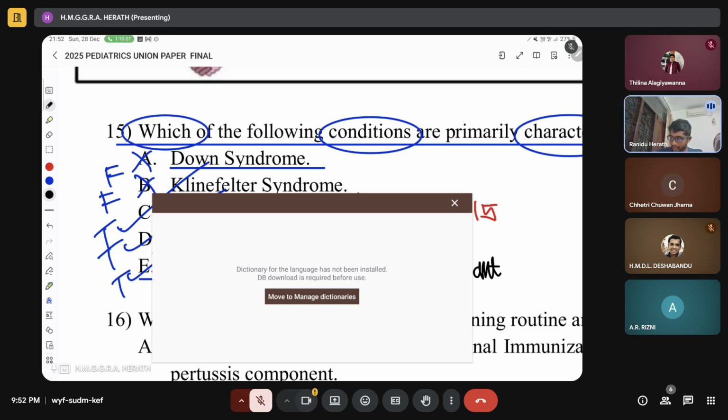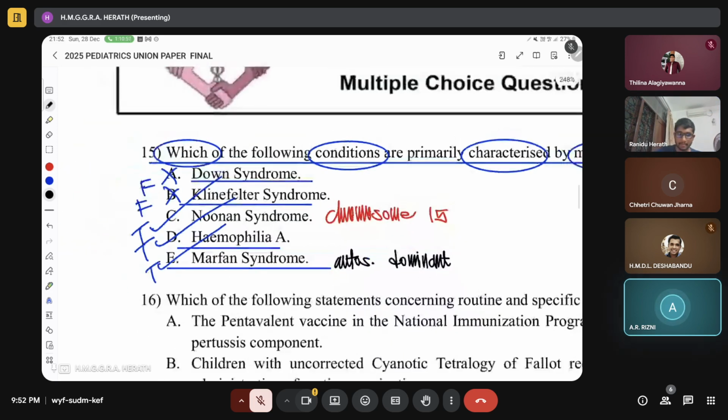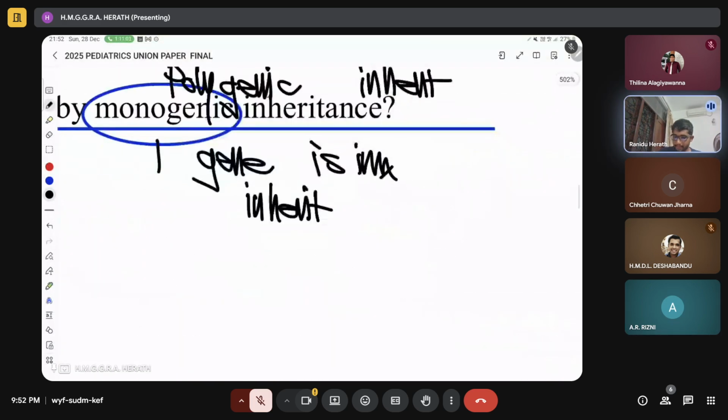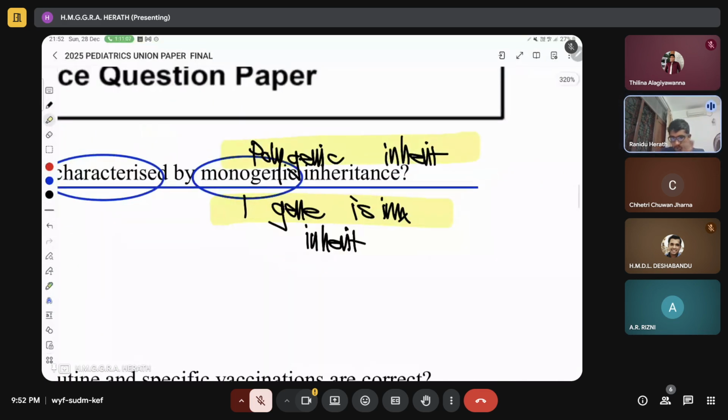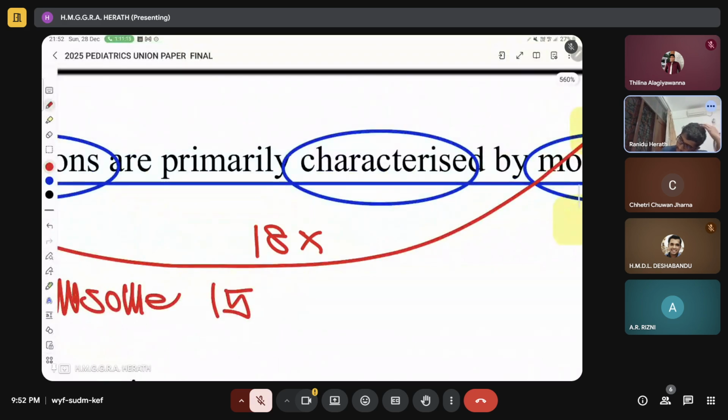Okay, so did you guys understand today's session? One small doubt: what does monogenic and polygenic inheritance actually mean? It means that only one gene is problematic which causes the disease, versus many genes problematic which cause the disease. In Down syndrome, there are many genes which are reduplicated because of the trisomy.